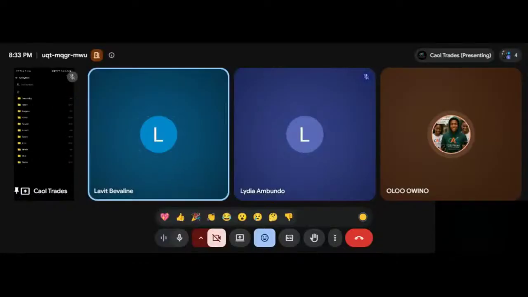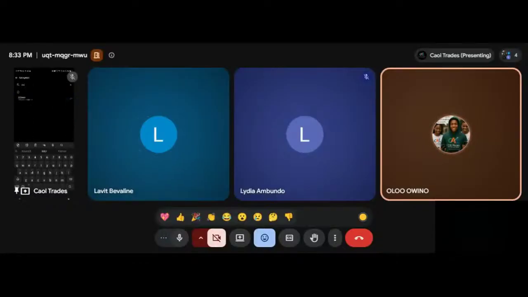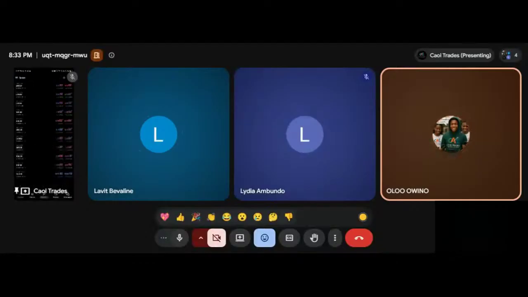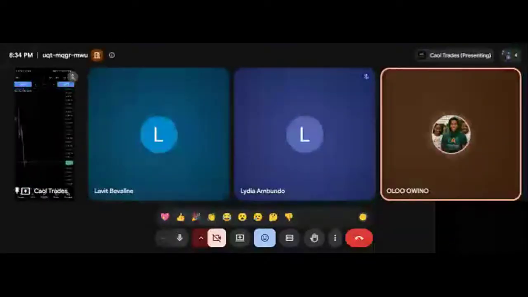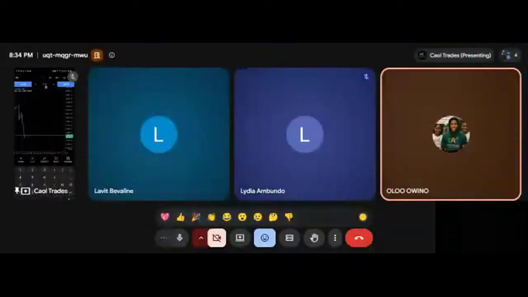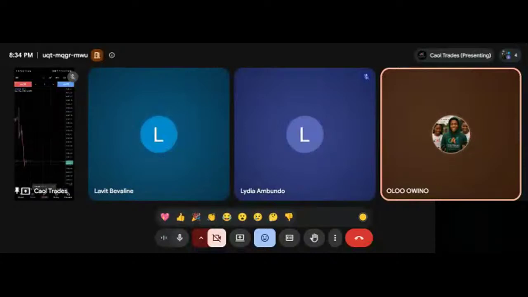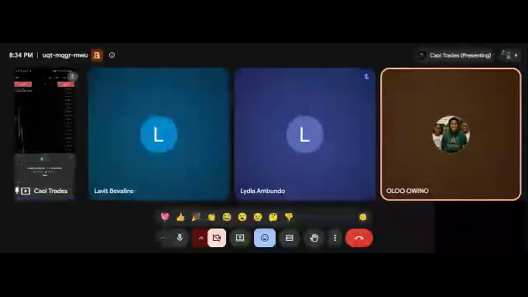No. Now let's try it on another pair, for example, gold. Gold moves, it is not stagnant like this one here. Let's say I'm buying gold with a lot size of 1. I'm setting my stop loss down here, my take profit up here, then modify.